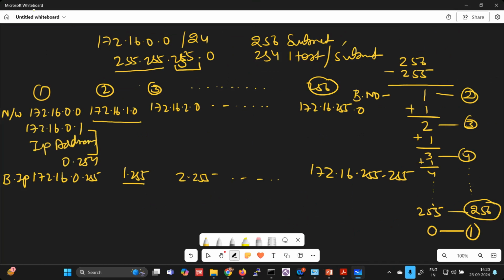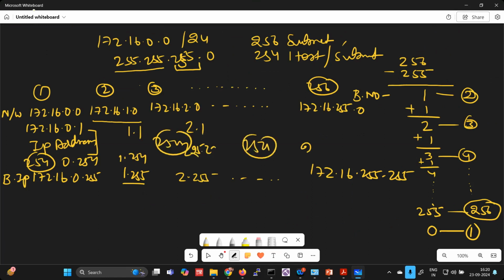So how many PCs are there? Total 254. If you count 0.1 to 0.254, it will be 254. 1.1 to 1.254, 2.1 to 2.254. 254 in each subnet. So every subnet has 254 hosts.